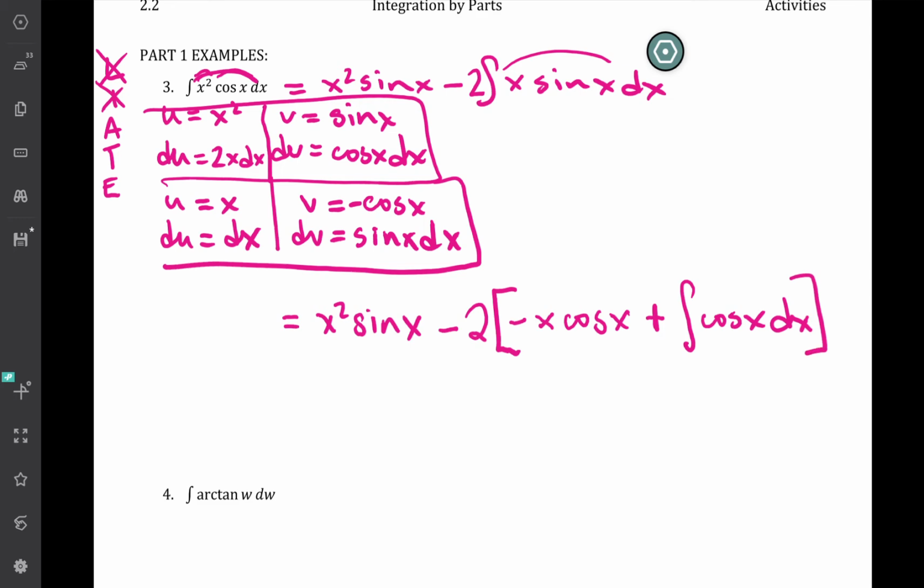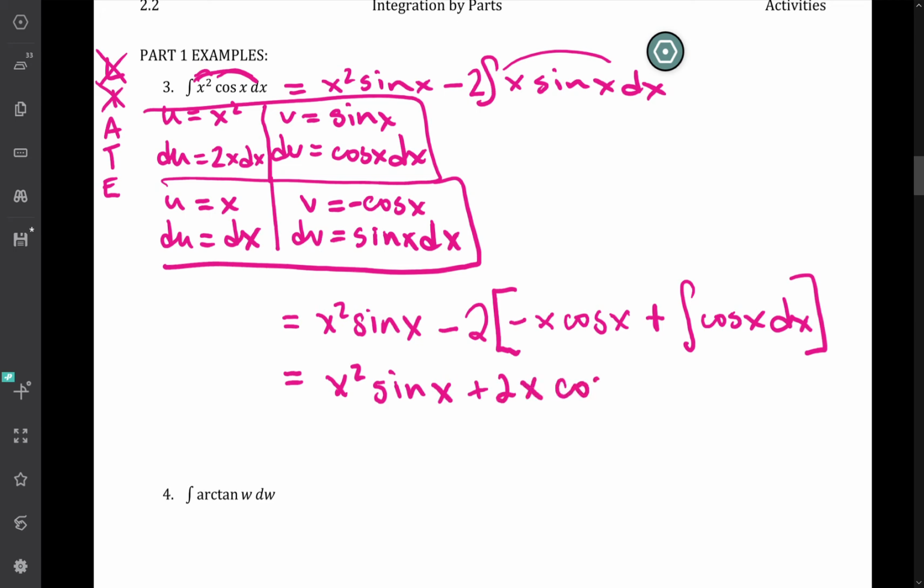And this is looking pretty good. I'm going to go ahead and distribute. You can do steps in whichever order you want at this point. We need to distribute the negative 2. And then we need to integrate the cosine, which we have done already. That gives us a sine.